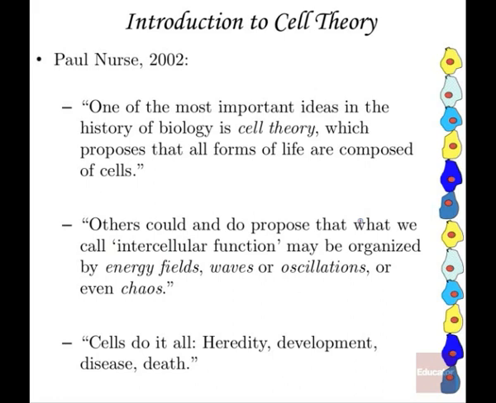So in order to really talk about eukaryotic cells, we need to talk about what is this cell theory. The cell theory really is about the integral nature of the cellular unit, that the cellular unit is really the building block of tissue in the human organism.